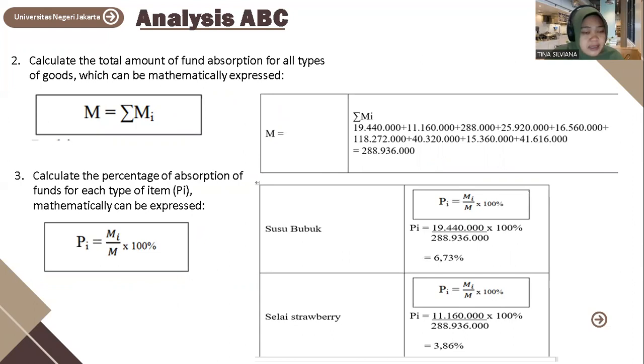Next, the third way is to calculate the percentage of absorption of funds for each type of item. Mathematically it can be expressed as KI equals MI divided by M multiplied by 100%. For example, milk powder: KI equals MI divided by M multiplied by 100%. The result is 6.73%.